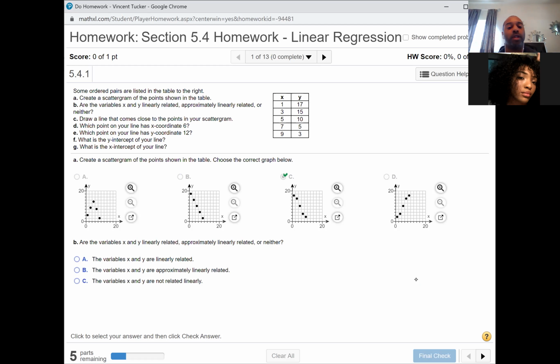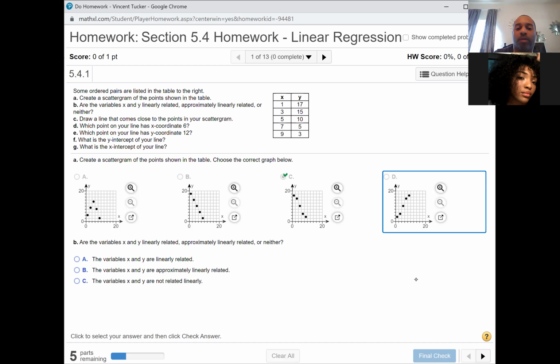If it is a straight line, then it is linearly related. So if we look at B right here, that would be linearly related. If there's any deviation from that, then it will be approximately linearly related. And if it's not a line at all, then it's not related at all. So you look at A right here, that's not related at all.